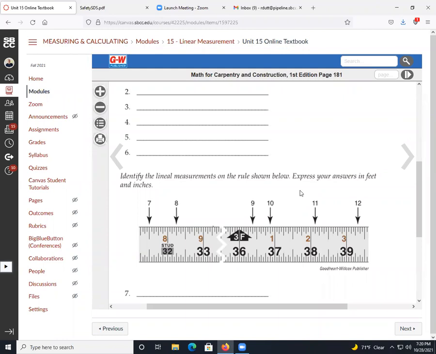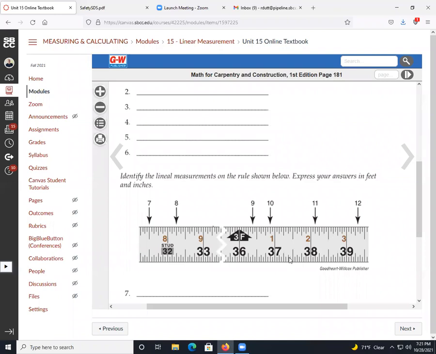What is that in feet and inches? Number 8. How would you say it? 2 foot, 8 inches and a quarter. Very good. 2 foot 8 1/4, just like that.